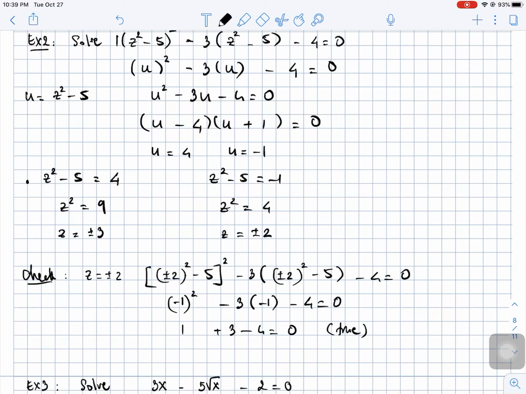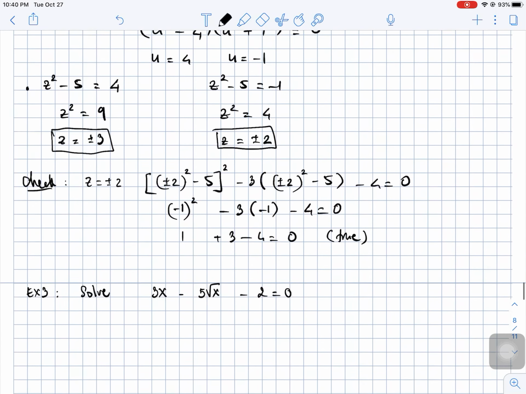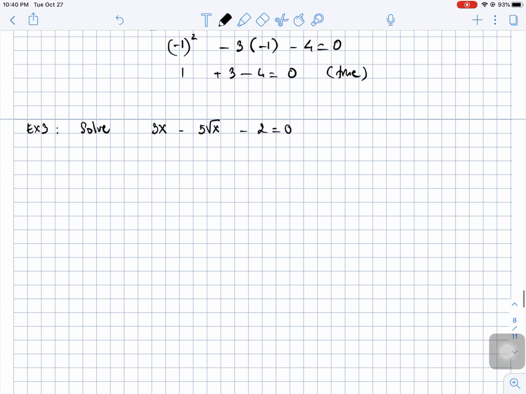So the first one will get -1 squared minus 3. We also get -1 for the second term. Now we simplify. So we got 1 plus 3 minus 4. And this gives us a true statement.